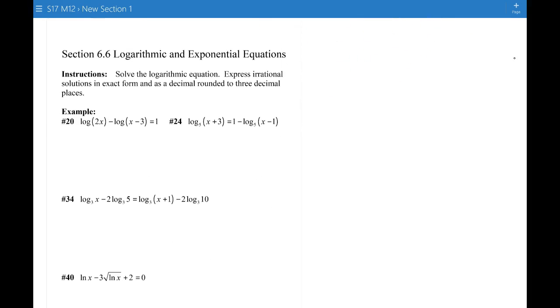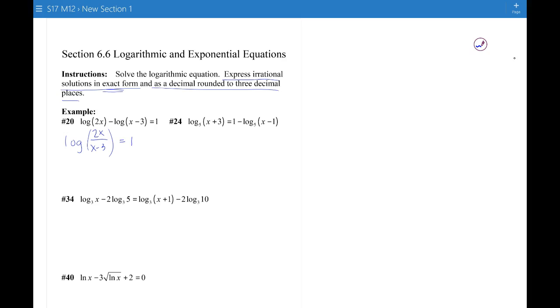The directions say to express irrational solutions in exact form first, and then as a decimal rounded to 3 decimal places. Here I'm going to combine my logs into a single log using the property that a difference of logs can be written as the log of the quotient of the arguments, and that equals 1.